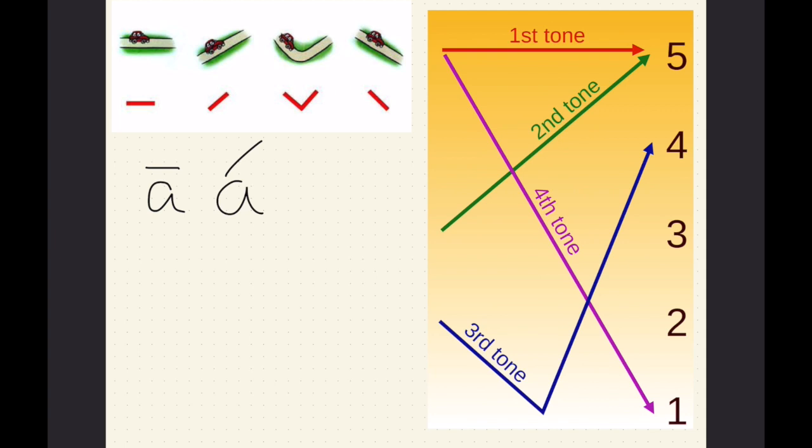The third tone is when you are driving down the hill and uphill again. We would have ah, ah, ah. It starts with re, and you drop to do, and then you go up to fa again.